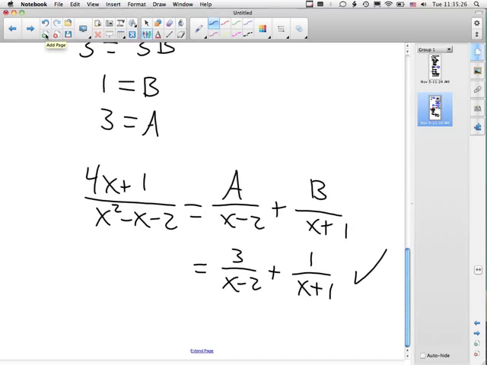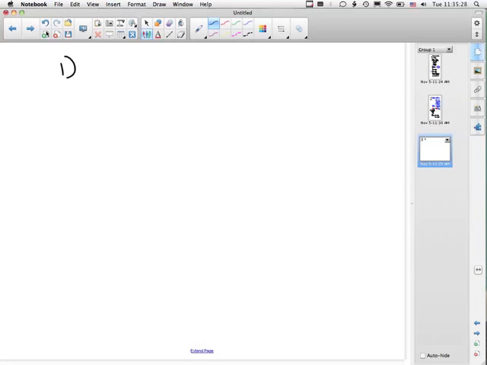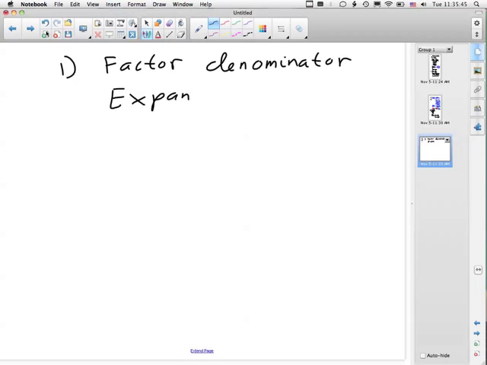Let's review. We're going to do one more. Step number 1 is factor the denominator, and if we need to, expand the numerator. Okay?